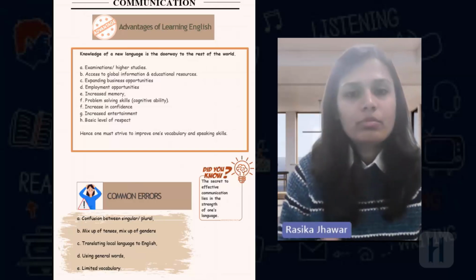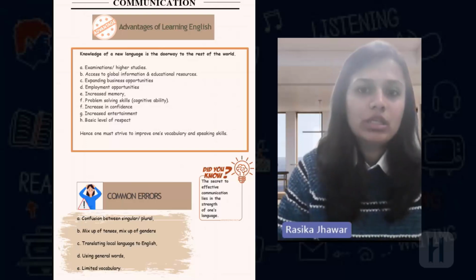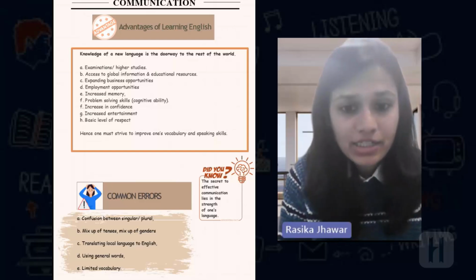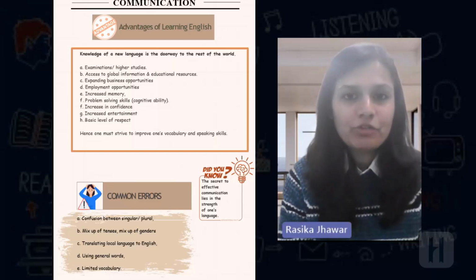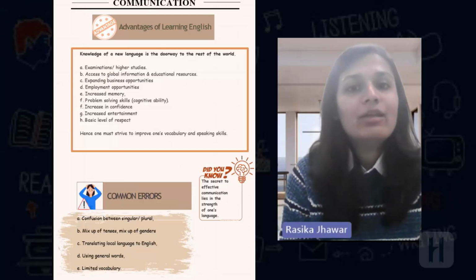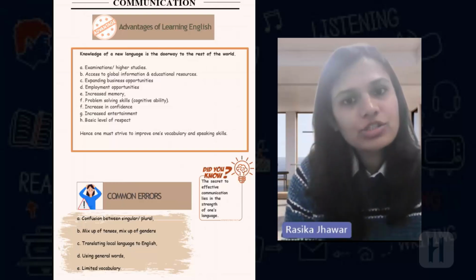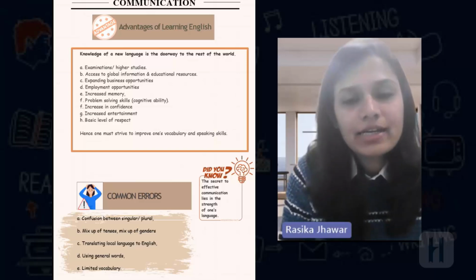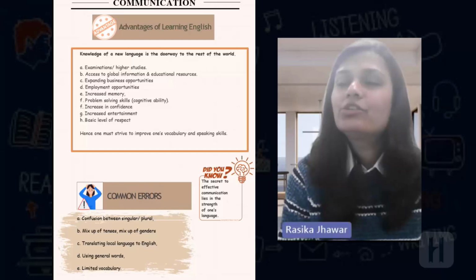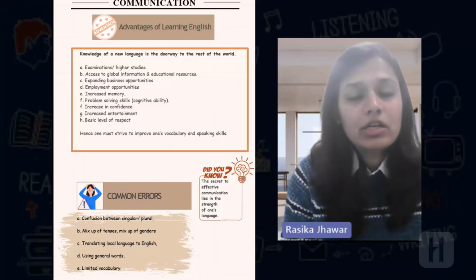Now, when you start to learn a new language, in this case English, there are some common errors you have to keep in mind. In the way in which you have learned your local language, the same way you try to translate into English, which might lead to a lot of confusion in singular and plural.